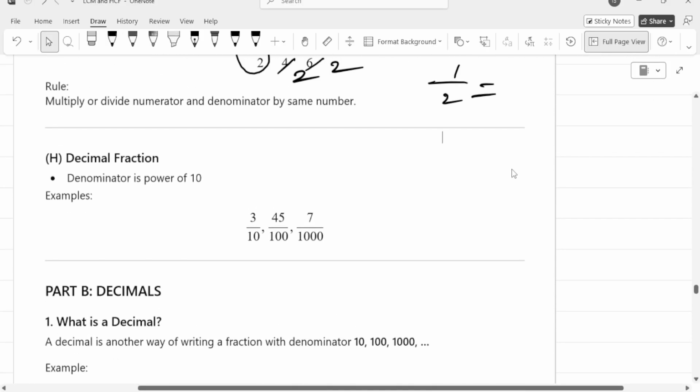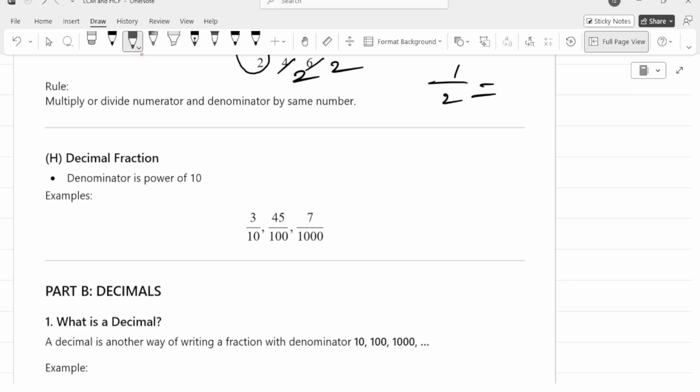Okay, now decimal fractions. A decimal is in a point form. For example, 3 upon 10: just divide 3 by 10, 0.3. Always remember the short way. Here 10 has one 0, then after one place we put the decimal point. 1 0, then one number after the point, so the value is 0.3.